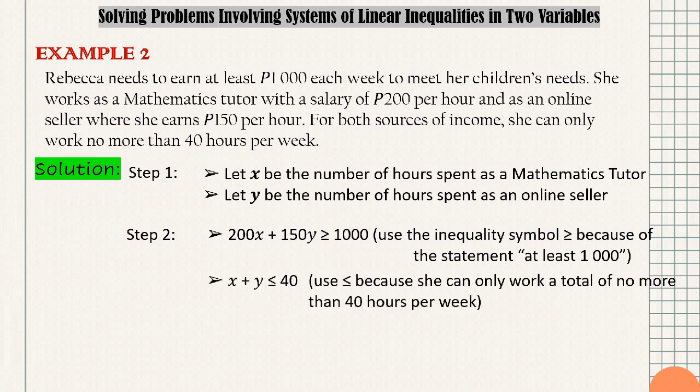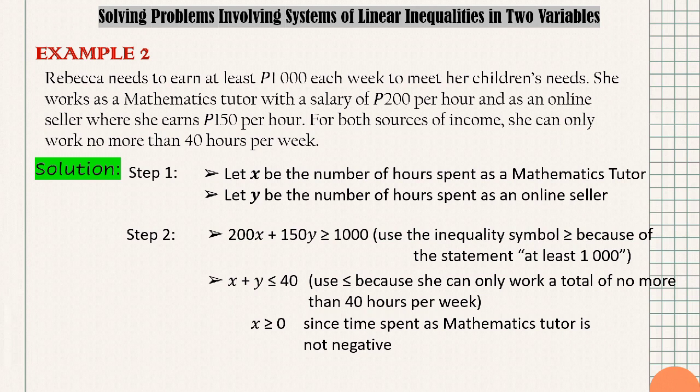So that will give us x plus y is less than or equal to 40. We also have x is greater than or equal to 0 for the time spent as a mathematics tutor, and y is greater than or equal to 0 for the time spent as an online seller.